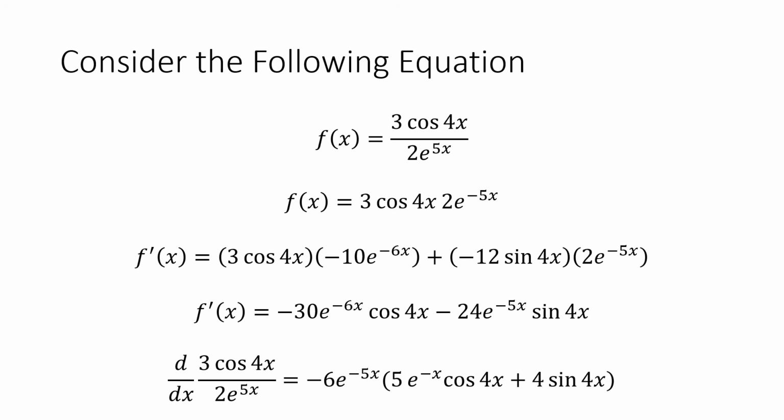And then that's all going to be multiplied by 5e to the negative x cosine 4x plus 4 sine 4x. And that is going to be our derivative for the original function of 3 cosine 4x, all divided by 2e to the 5x.